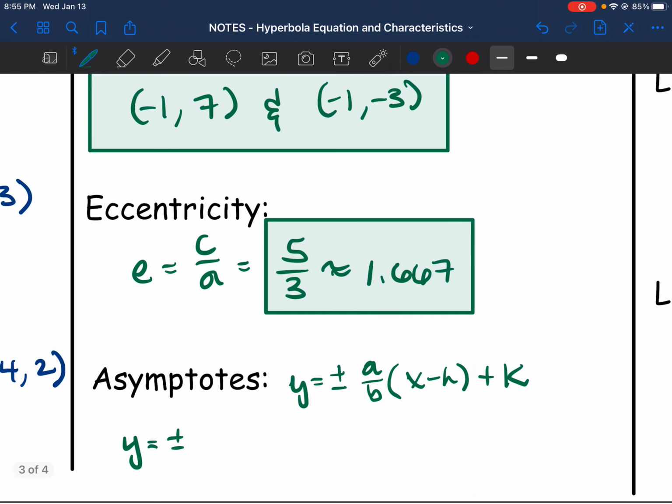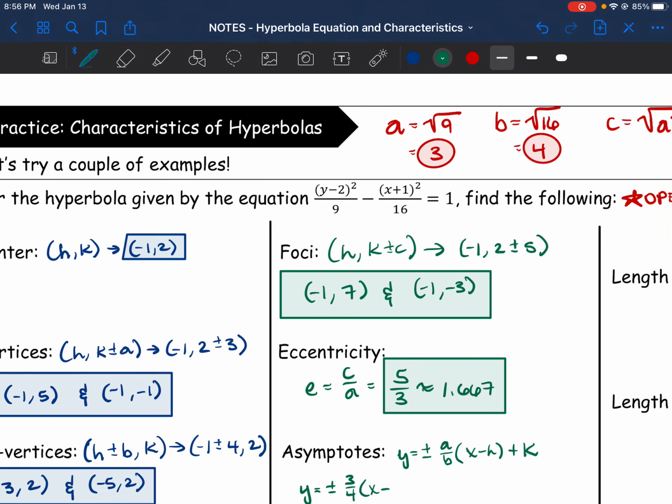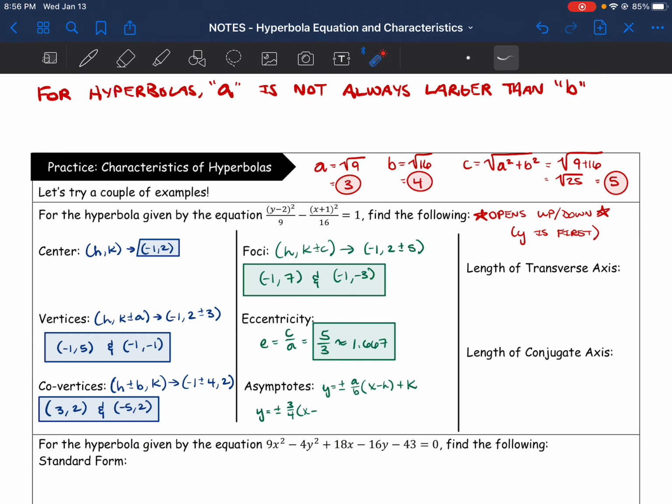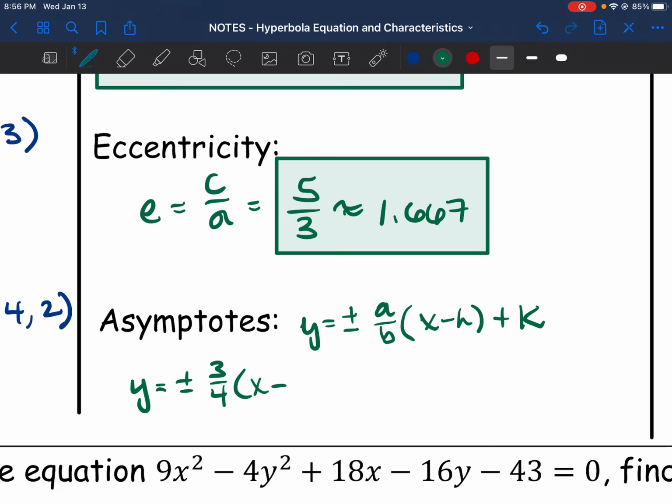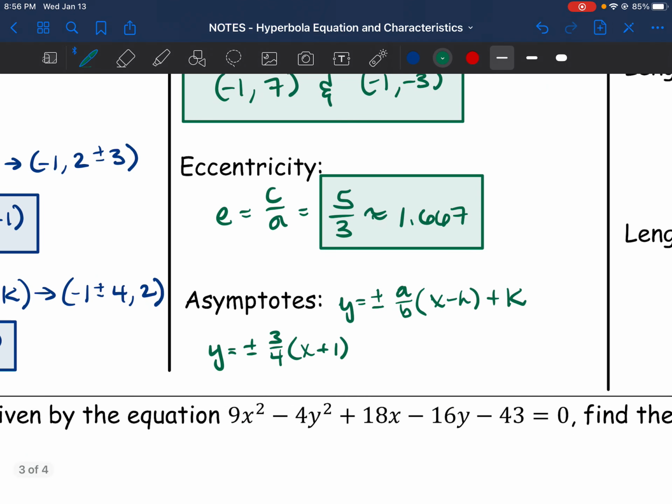We know a is 3, b is 4, so this is plus or minus 3/4. X minus h, and h is negative 1, so minus negative 1 is just going to be a plus 1. So this would be x plus 1. And then we have plus k, so plus 2.